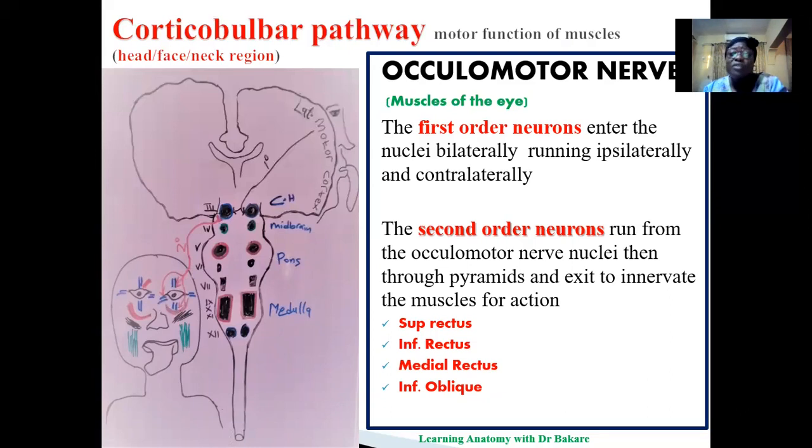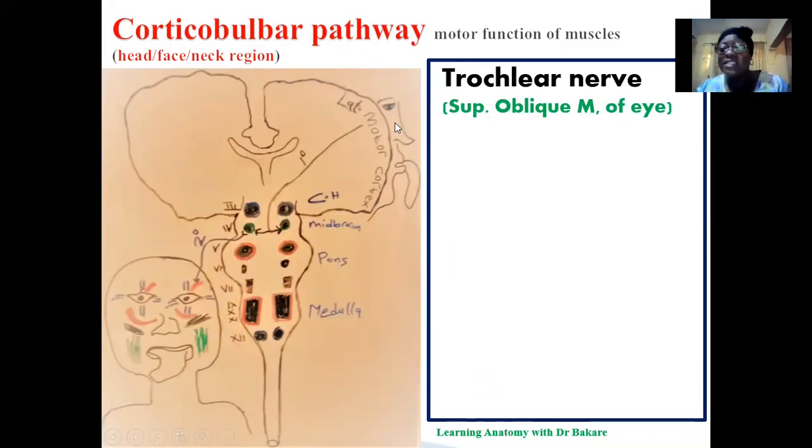The other muscles, of course, will be supplied by other cranial nerves. If we follow suit, the second one that we'll be looking into is the trochlear nerve. The trochlear nerve is the fourth cranial nerve, and this innervates the superior oblique muscle, one of the extraocular muscles not innervated by the oculomotor nerve. The first order neuron begins from the lateral motor cortex and gets to the trochlear nucleus.